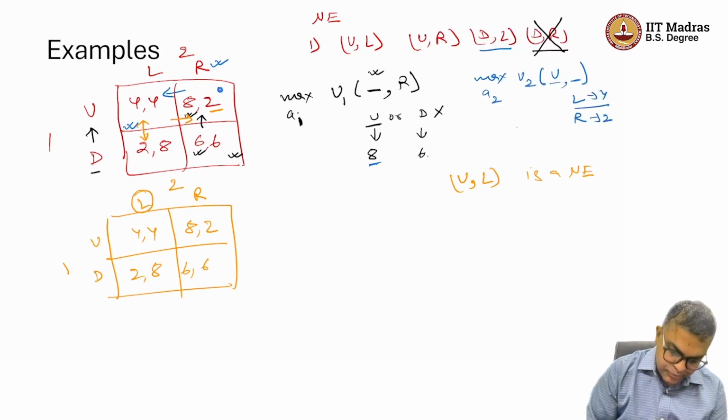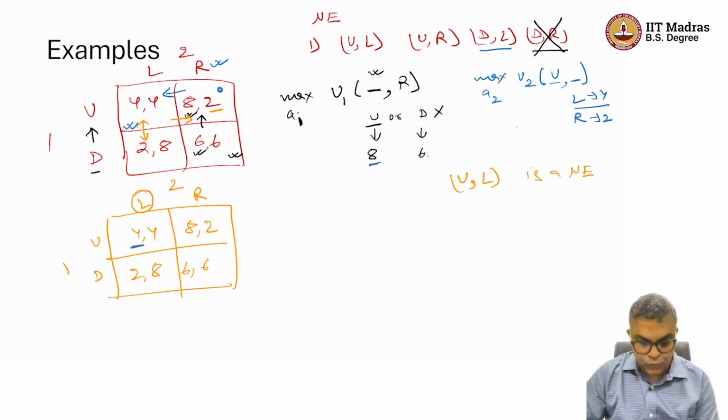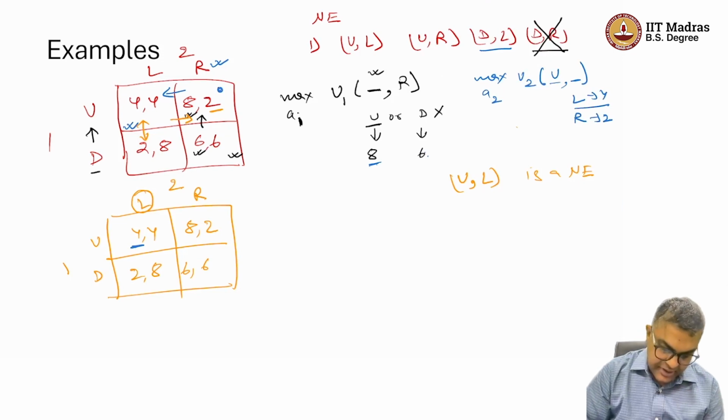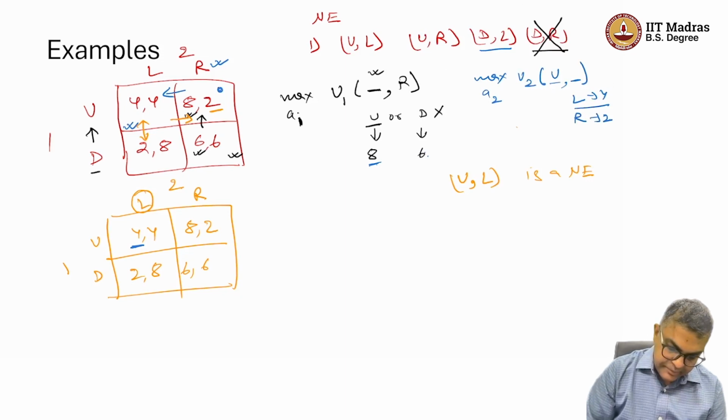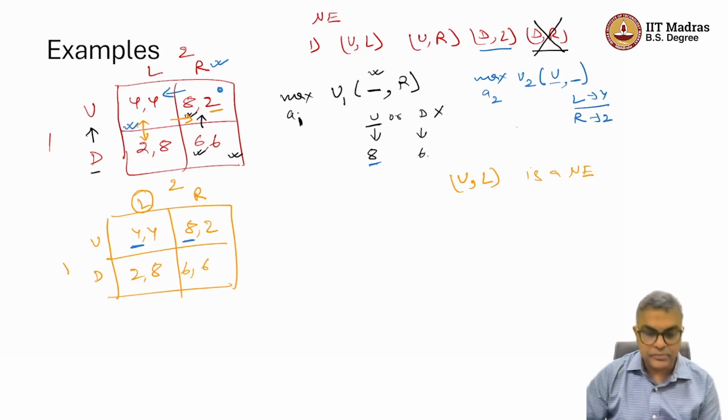Best response is to play U, because U will give 4 and D will give 2. So U is better. And if player 2 is playing R, what is the best response? The best response is again U.